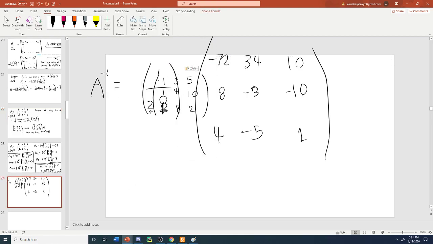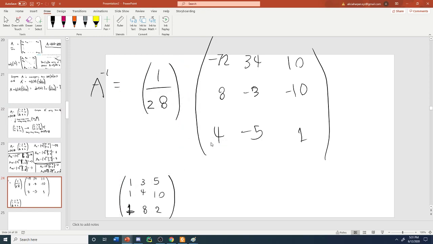So this is our original matrix A. So let's think about what happens if we multiply the first column here with the first row here. Well, then we would get -72 plus 34 plus 10, all divided through by 28.